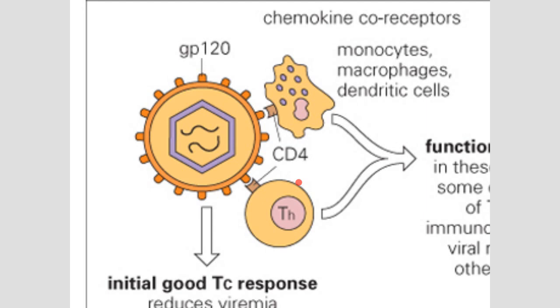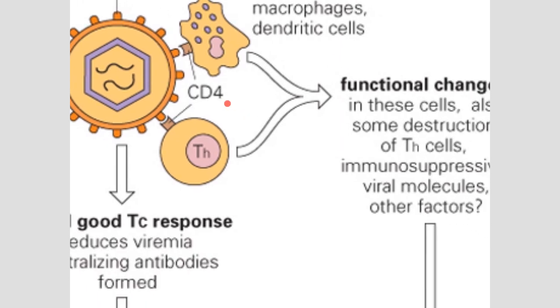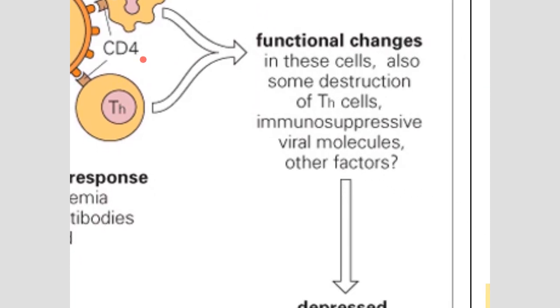Okay? Now, what happens after that, once they recognize that, they are going to go into functional change. And I'm going to teach you what we already discussed. Most of them will go into different types of TH cells. And they are going to do what we talked about, immune response.